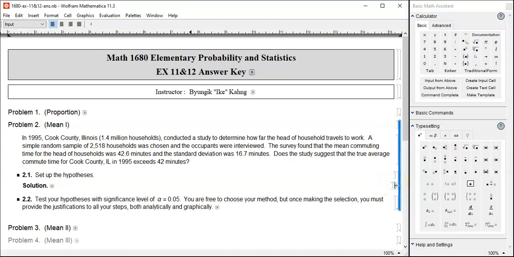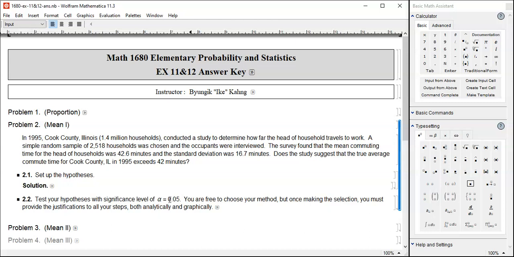Okay, let's set up the hypothesis. So the mean commute time of head of household is approximately equal to which minutes? How many minutes? We have two candidates here. Which is it? Again, the same question. For the null hypothesis, we want something equal to whatever minute.